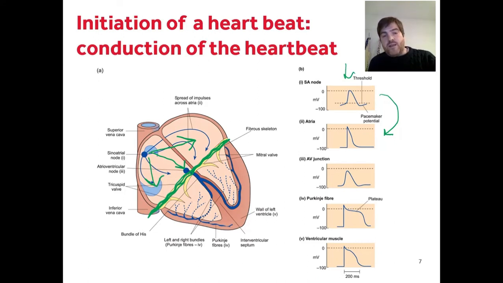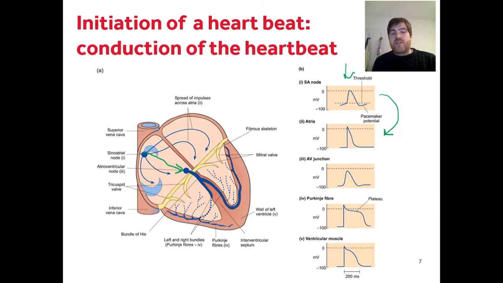So when an action potential has arrived at the atrioventricular node, it doesn't cross across this fibrous skeleton.